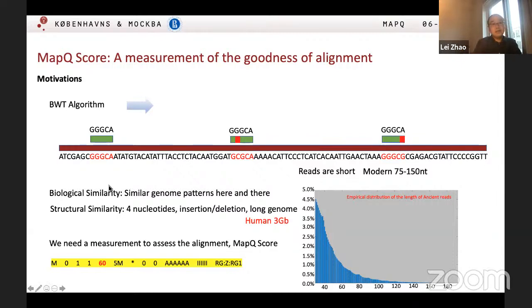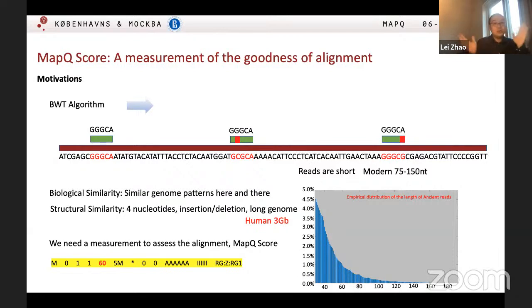But because the genome is just made up of 4 nucleotides, and if we also take into account insertion and deletion, there'll be only 6 different elements comprising this whole genome. Given that the genome is quite long, like the human genome is 3 gigabase pairs long, once in a while you will find some quite similar patterns occurring again and again.